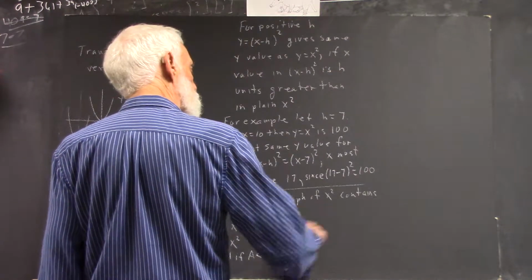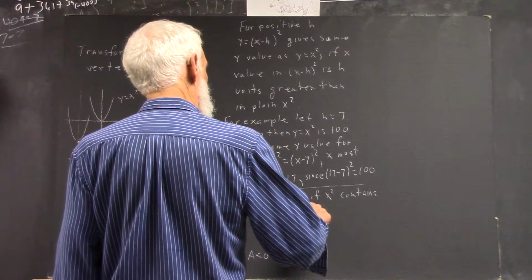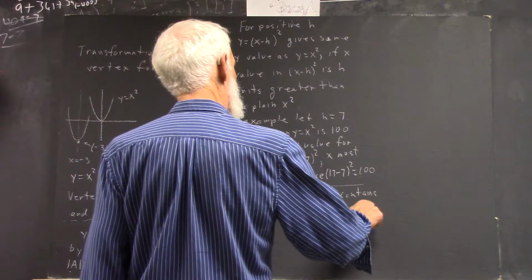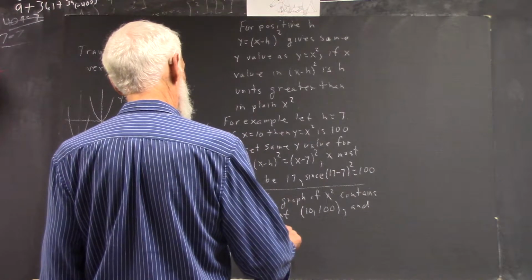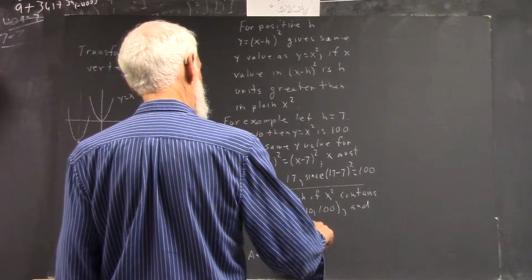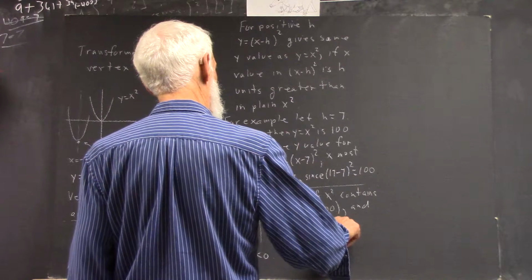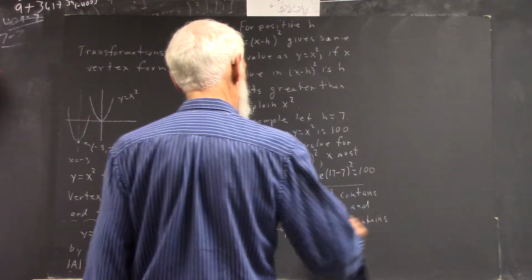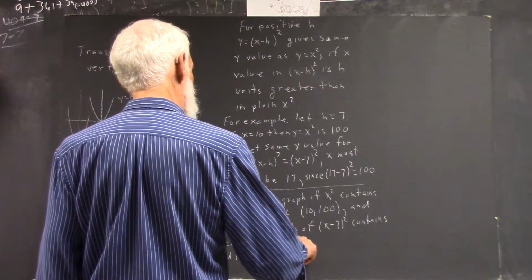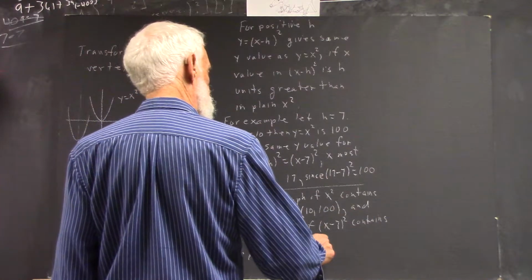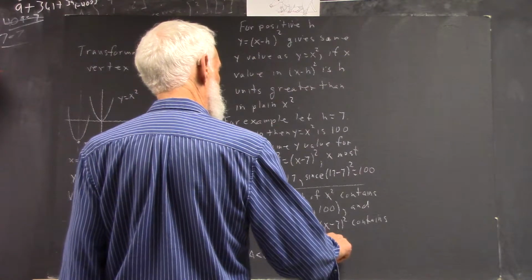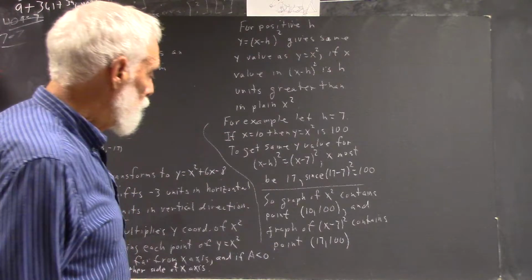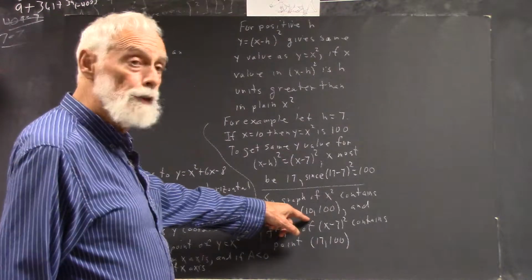So the graph of x squared contains the point 10, 100. And the graph of x minus 7 squared contains the point 17, 100. And that point is 17 units to the right of this one, right?